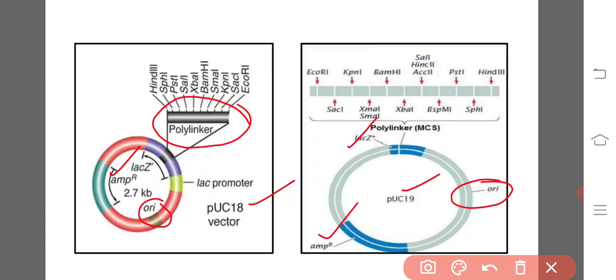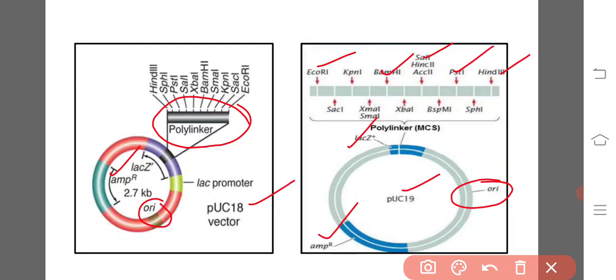So these are the sites for the action of different kinds of restriction endonuclease enzymes, E. coli RI and Bacillus amyloliquefaciens, and if you observe, Streptomyces albus SalI, and PstI, that is Providencia stuartii, and HindIII, that is Haemophilus influenzae Rd.